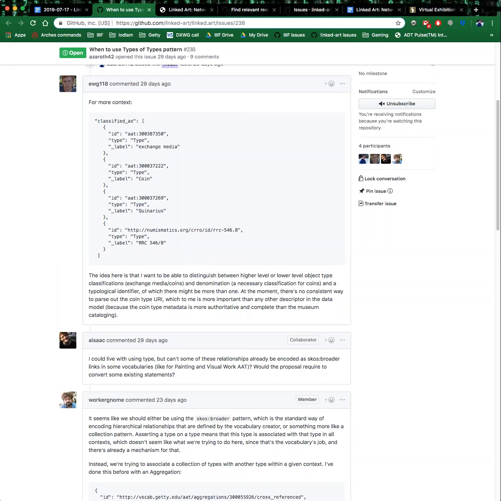So any thoughts on this as to when we should use types of types, or when types of types will provide value and clarity to the data, and when it's just extra noise?